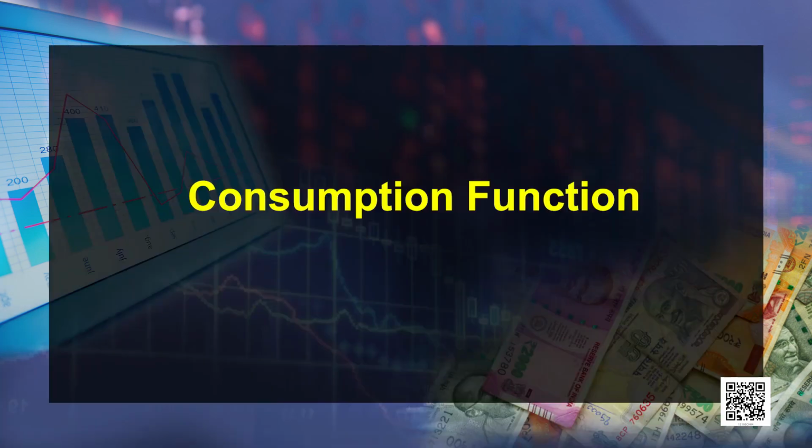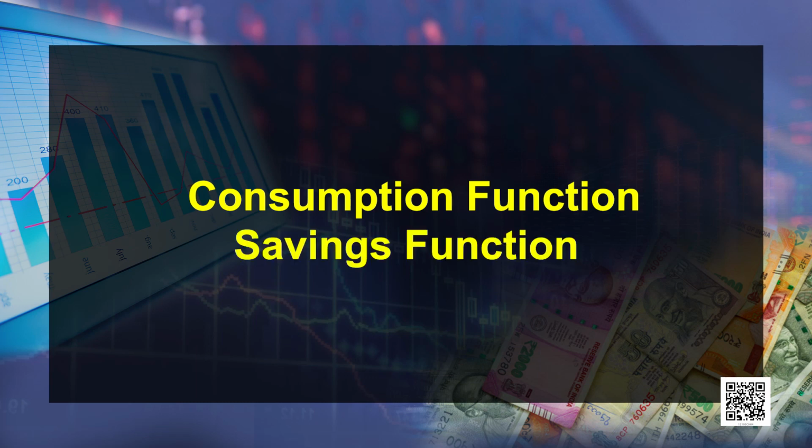So, now we will be discussing consumption function and savings function. So, what is consumption function? Consumption function is actually an algebraic expression of consumption expenditure. It is represented by A bar plus BY, where A bar means autonomous level of consumption.